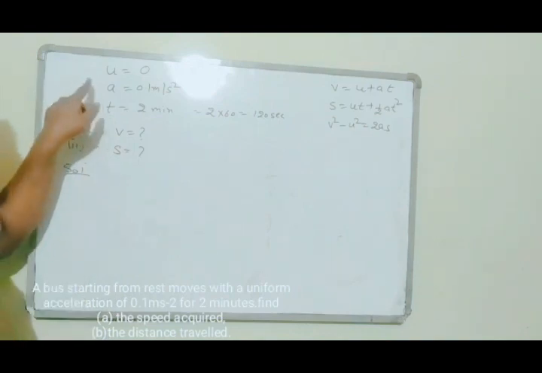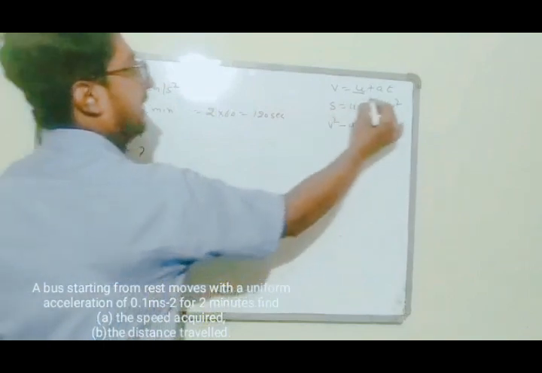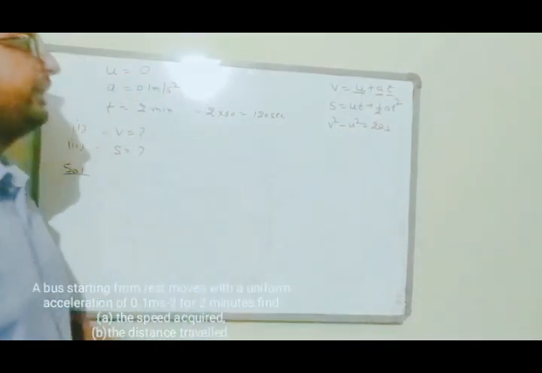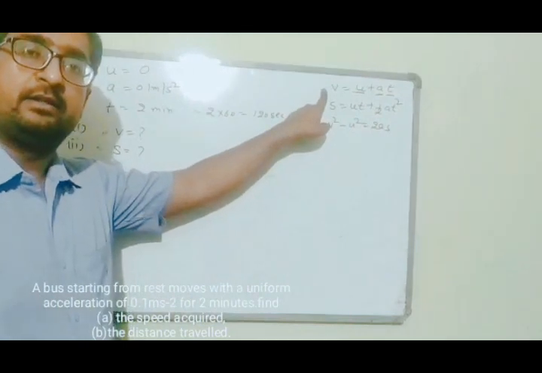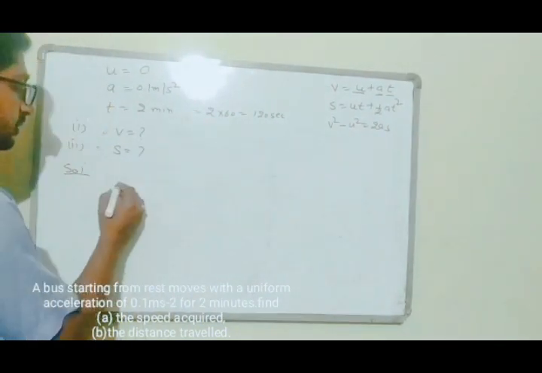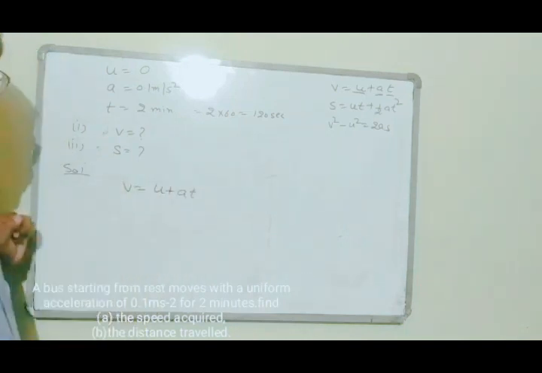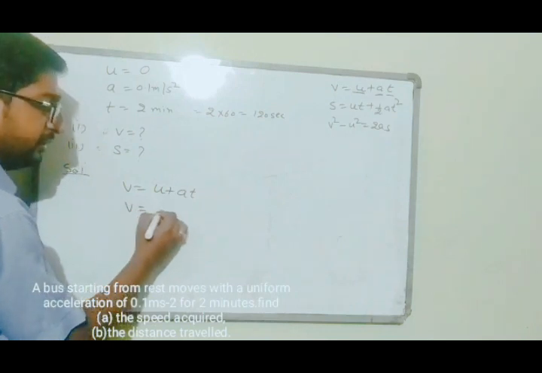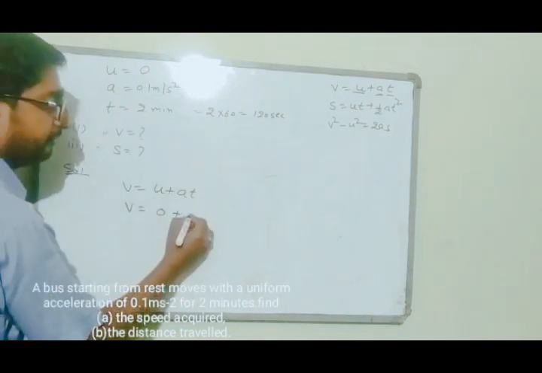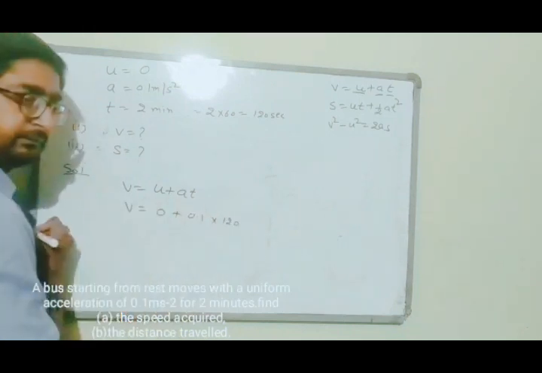Now, the solution for the first part. In this question U is given, A is given, and T is also given, so we can use the relation V is equal to U plus AT. V is not given, U is 0, A is 0.1 and the time is 120.